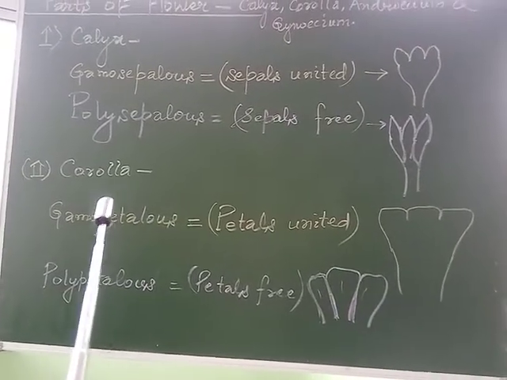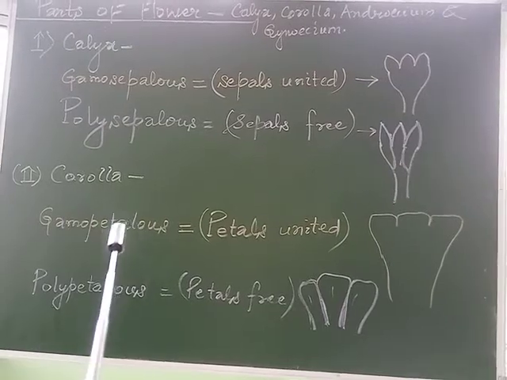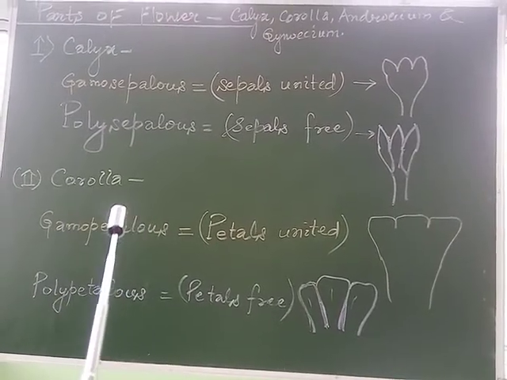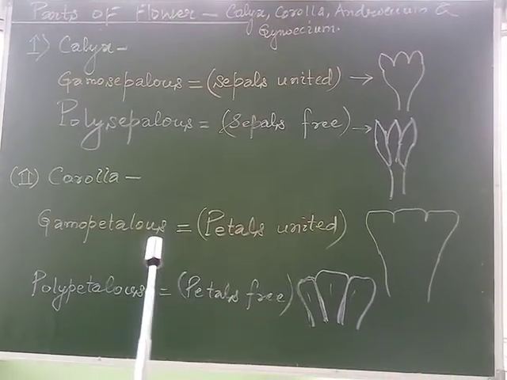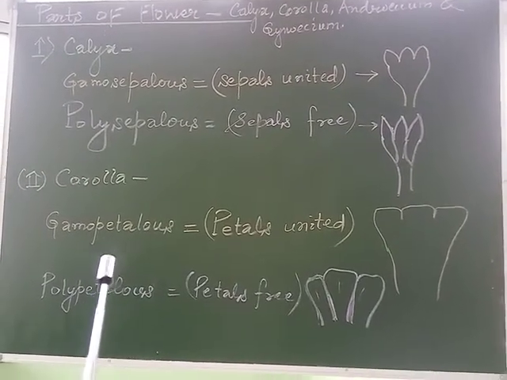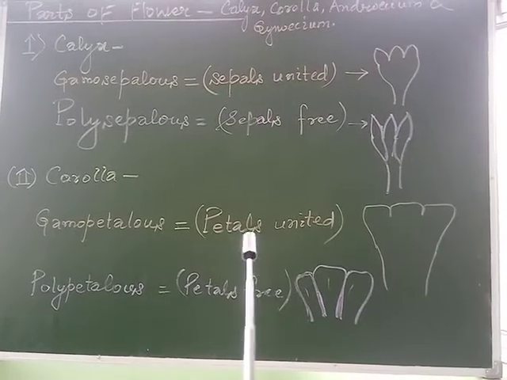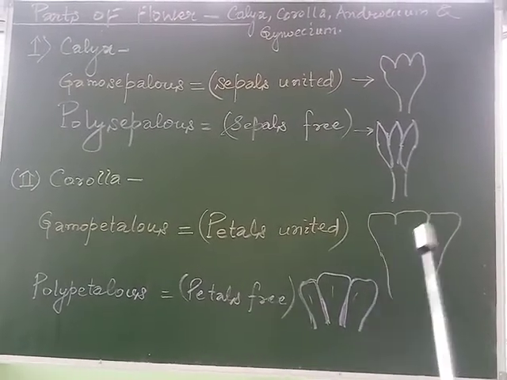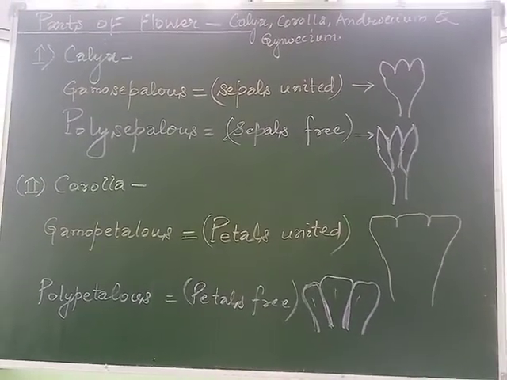Just like that, there are cases with the corolla also. The units of corolla are called petals, and when the petals are united together, then the condition is called gamopetalous, meaning the petals are united.